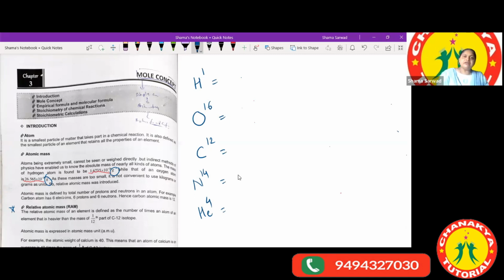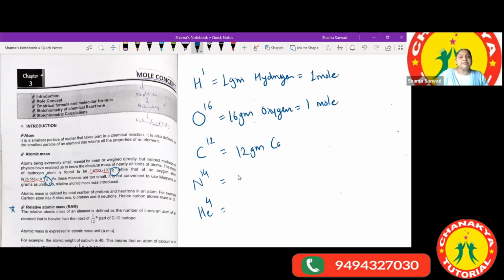If you take 1 gram of hydrogen, that is 1 mole of hydrogen. If you take 16 grams of oxygen, that is 1 mole of oxygen. If you take 12 grams of carbon, that is 1 mole of carbon.